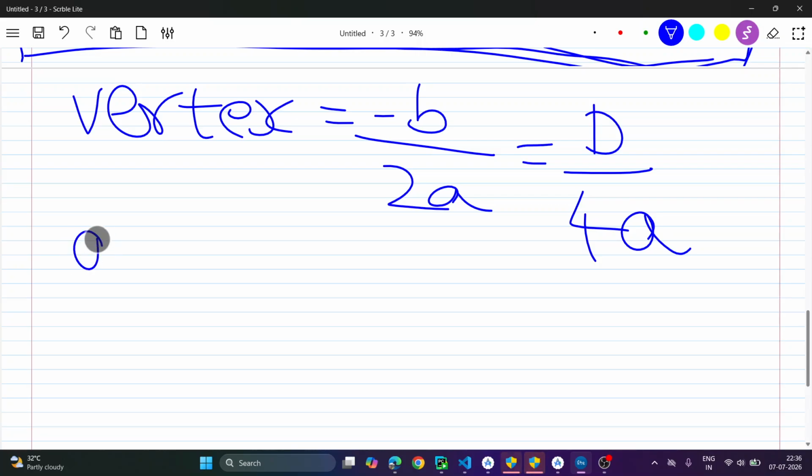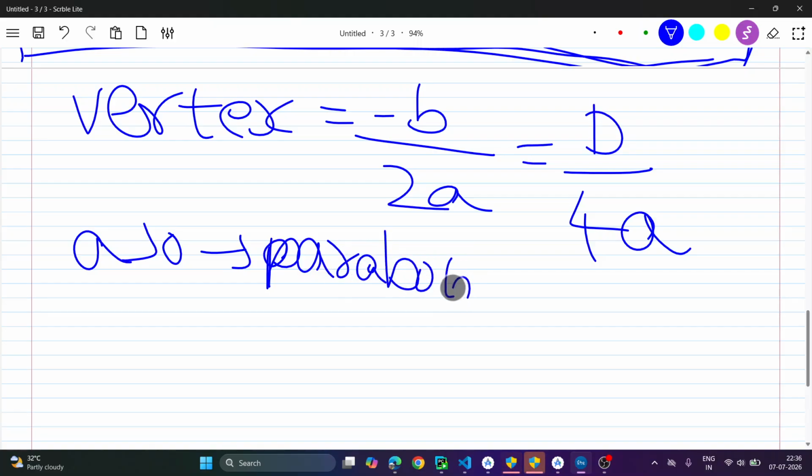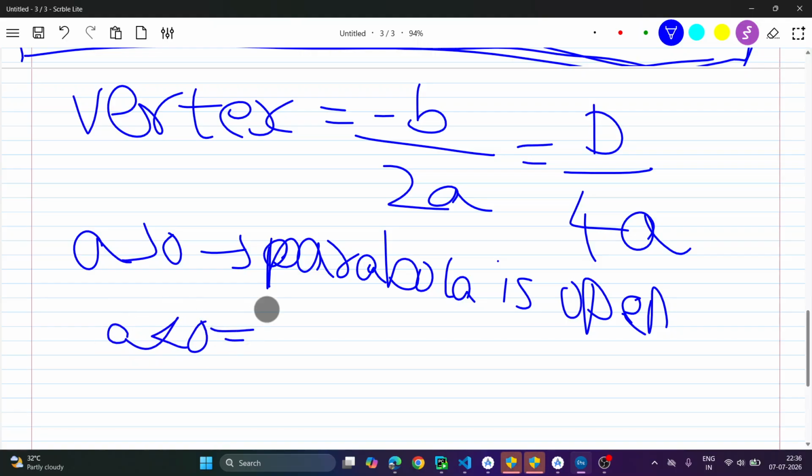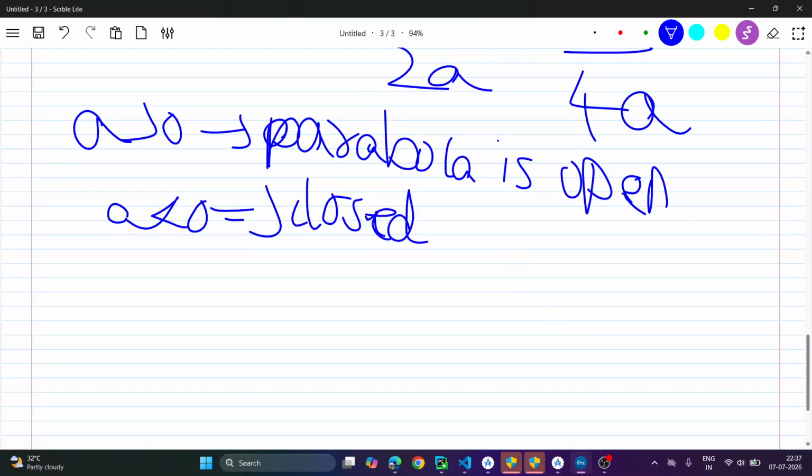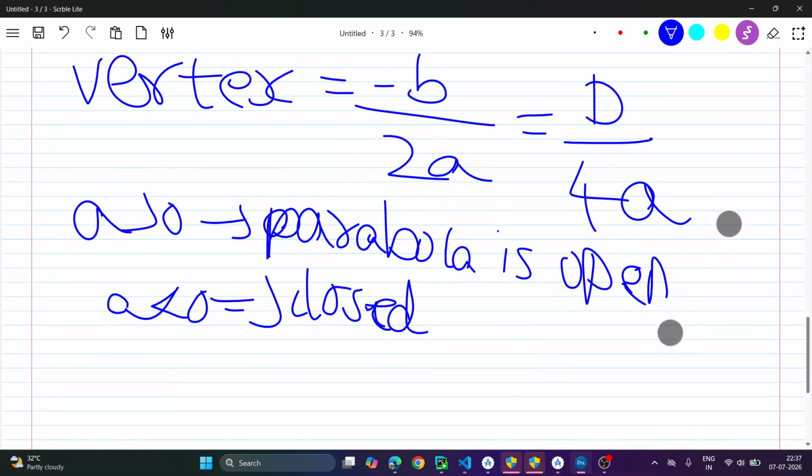If a is positive, the parabola opens upward. If a is negative, it opens downward. Don't ask me about a equals 0, because then the degree becomes 1 and it becomes a line, linear. A parabola is only for a quadratic equation, and a quadratic equation always gives a parabola.